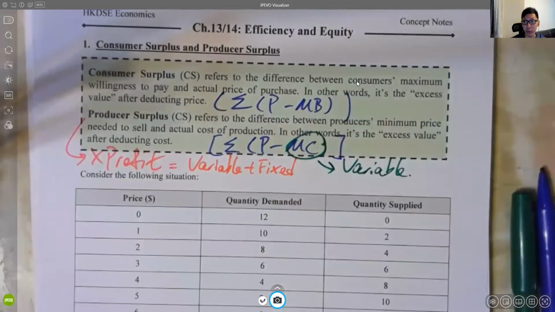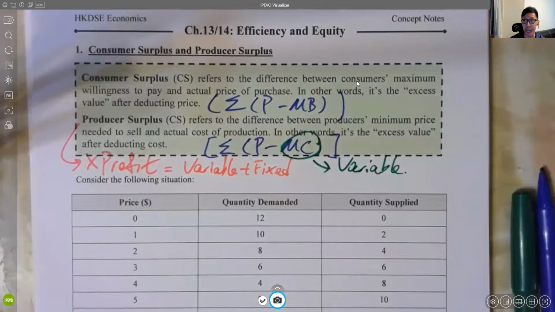So this is just a definition thing. Again, if you don't quite understand, it's okay. I do not think DSE would have this kind of question. Although it didn't say it's out of syllabus, it is still within the syllabus, but I do not think DSE would have such a question. Basically, too technical and useless.